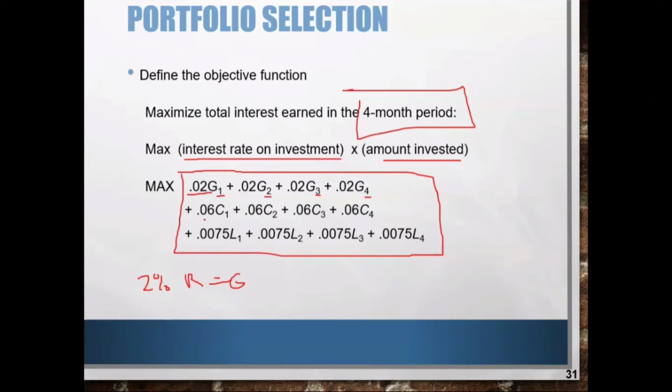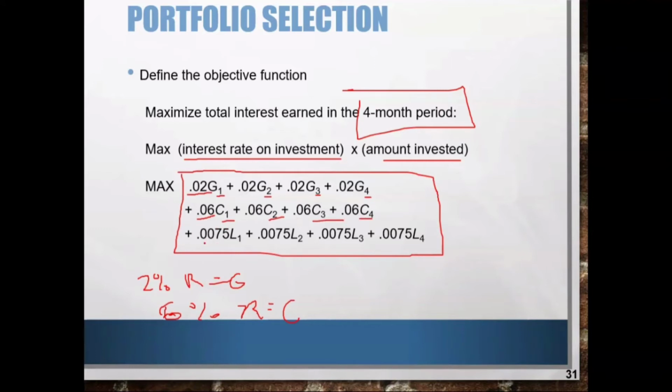Then construction loans are multiplied by 0.06, the 6% interest rate over the 3-month period, also added for month 1 through month 4.